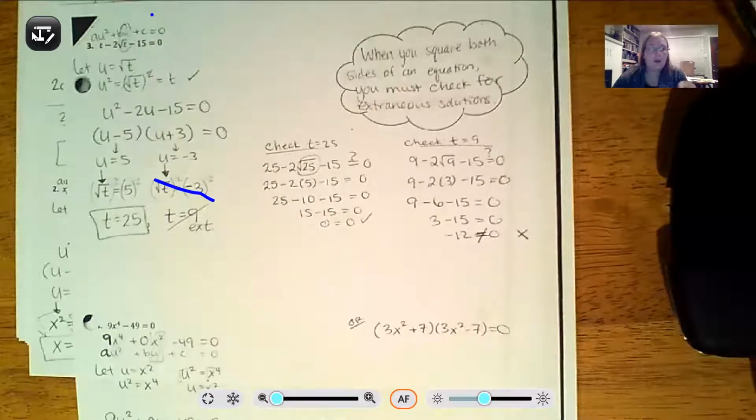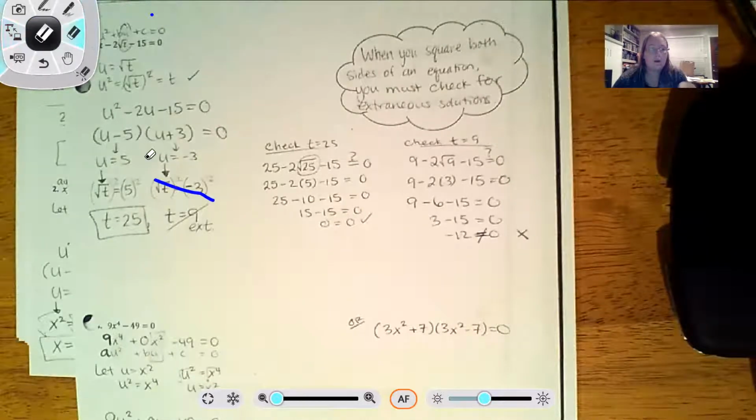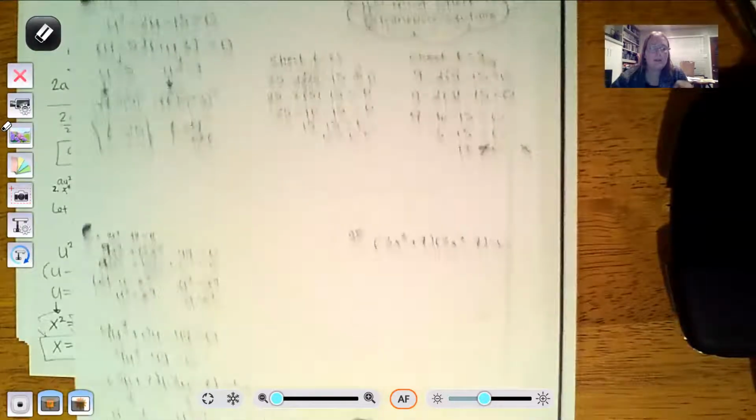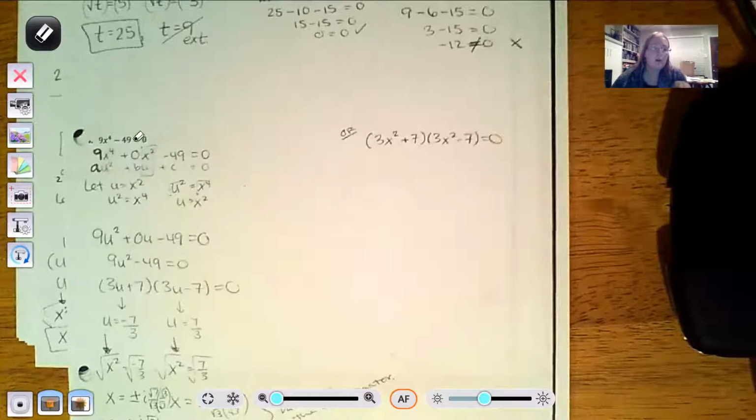All right, let's see. So then this one down here, you could kind of squeak in the fact that there's 0x squared, and it will work for u substitution. You could also solve this as a difference of squares. There's a couple options.